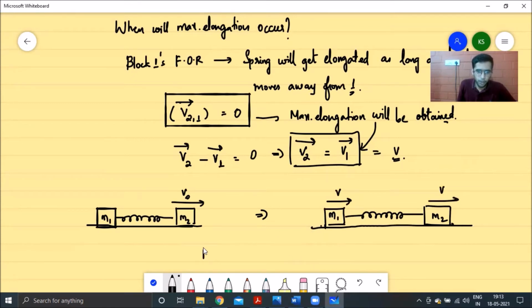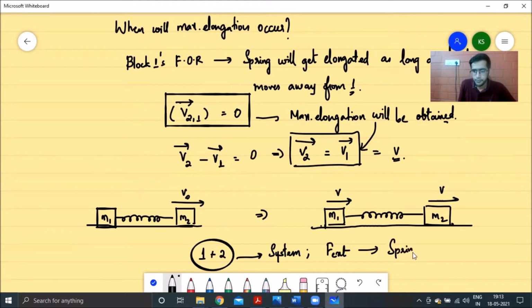If I consider block 1 plus block 2 as my system, along the x direction, there's only one external force acting on the system, and that is your spring force. Your spring force is acting on both block 1 and block 2, right?